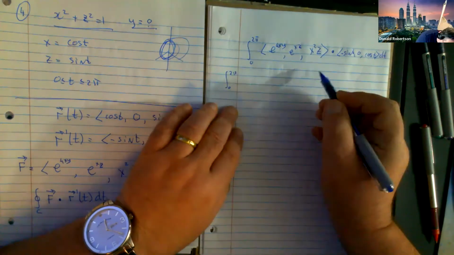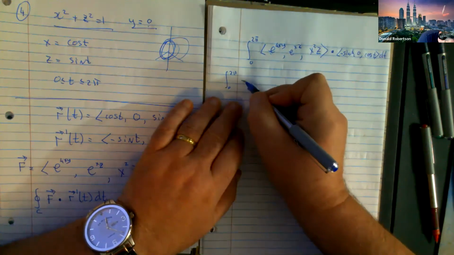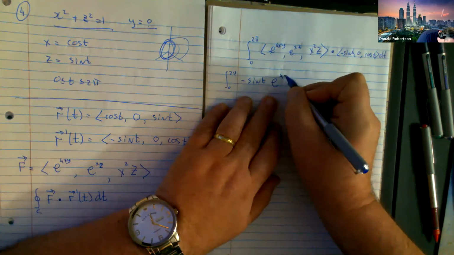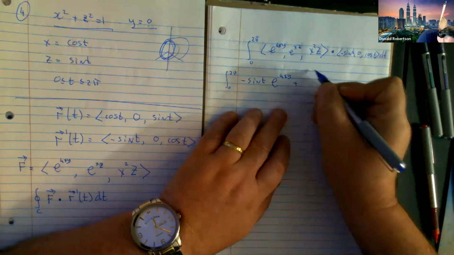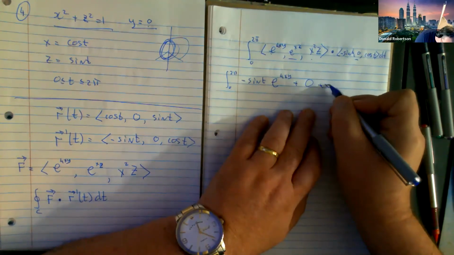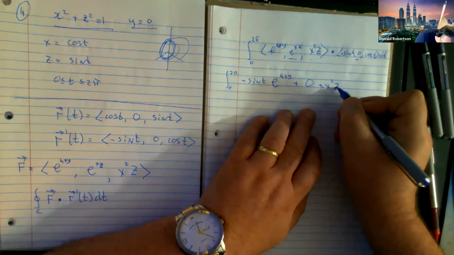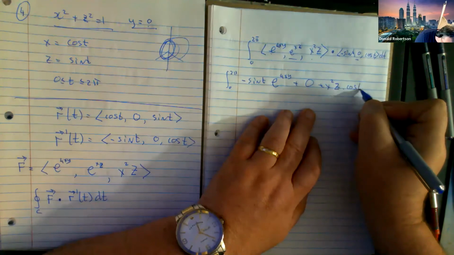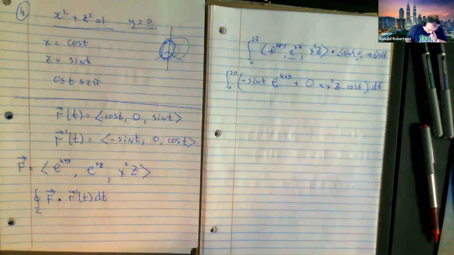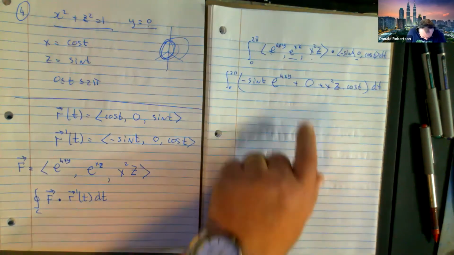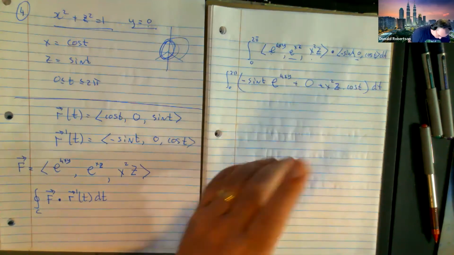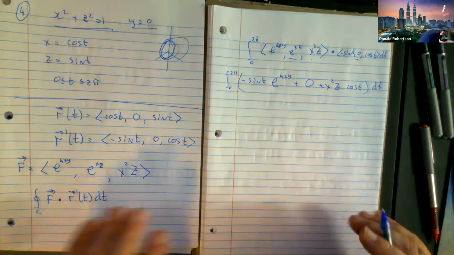And that guy times this guy gets you negative sine t e to the 4xy plus 0 plus x squared z cosine t dt. And I just did that so I didn't have to turn all these guys into t's just to end up with a 0. I'm not sure now that I've seen it if it was worth doing, but I did it.